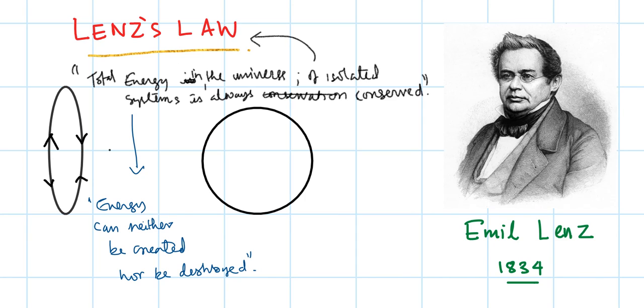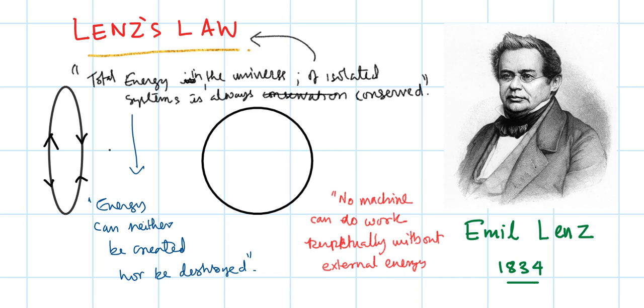Actually, the law of conservation of energy can be stated in these two ways: energy can neither be created nor be destroyed, and there is one more way you can state it: no machine can do work perpetually without external energy input.